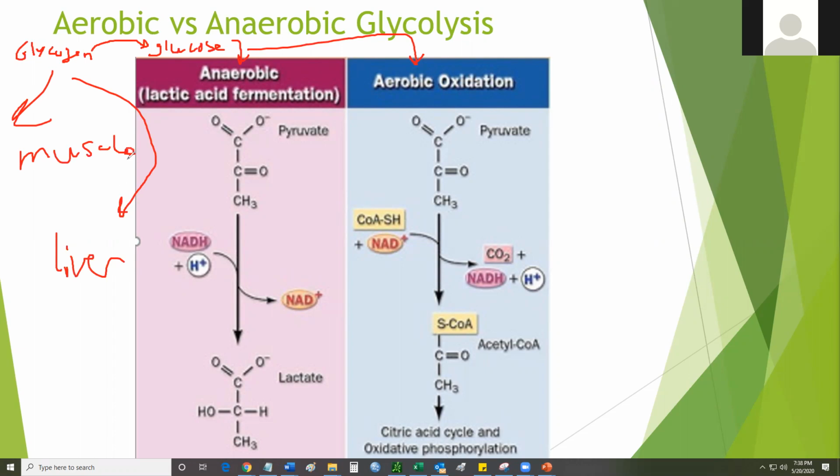These two stores have very different uses. If you get glycogen from muscle, you are going to use this to get ATP. If you get glycogen from your liver, this is used for blood glucose regulation.